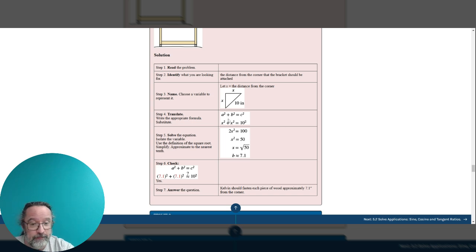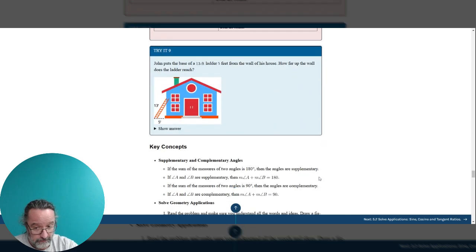From this we know a squared plus b squared equals c squared. x has been defined, so x squared plus x squared equals 10 squared. Simplify: 2x squared equals 100, x squared equals 50, x equals the square root of 50. We can use our calculators to solve for that. x is approximately 7.1 with rounding. You can check it, and it's pretty close, so you know you've done that properly.